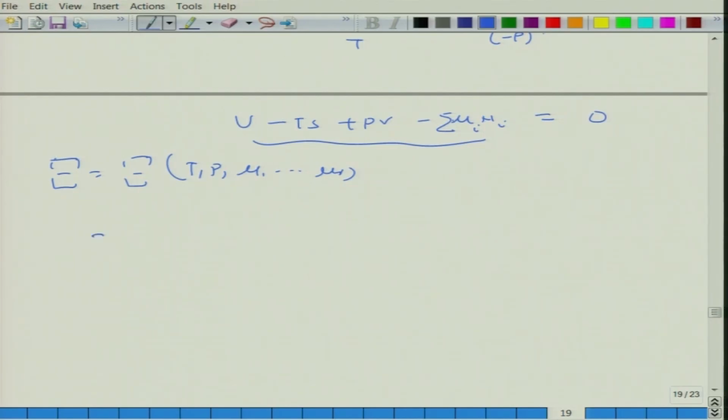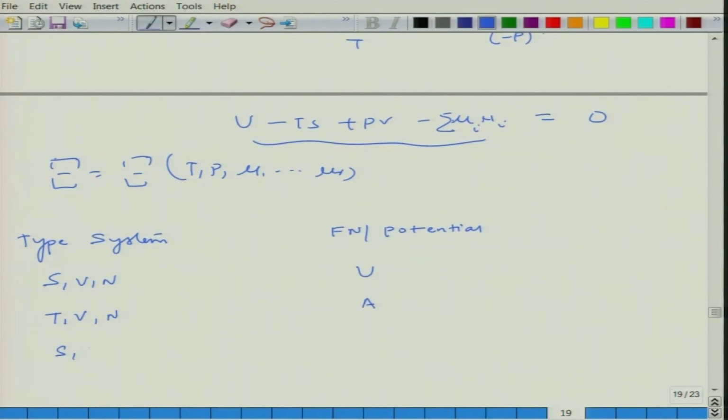Now, in the later part I am going to show that if you have a system, so this is a type of system. If it is S, V, n, we have calculated the thermodynamic function or potential. The corresponding natural variable is U, which we are now aware of. For A, the natural variables are T, V, n.